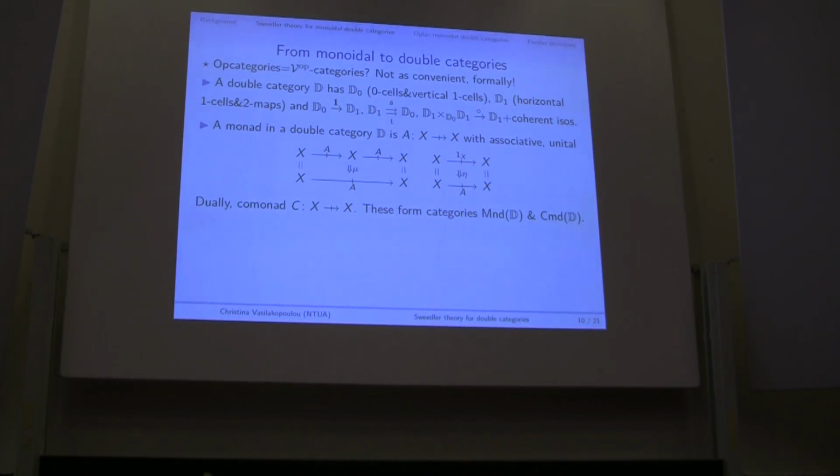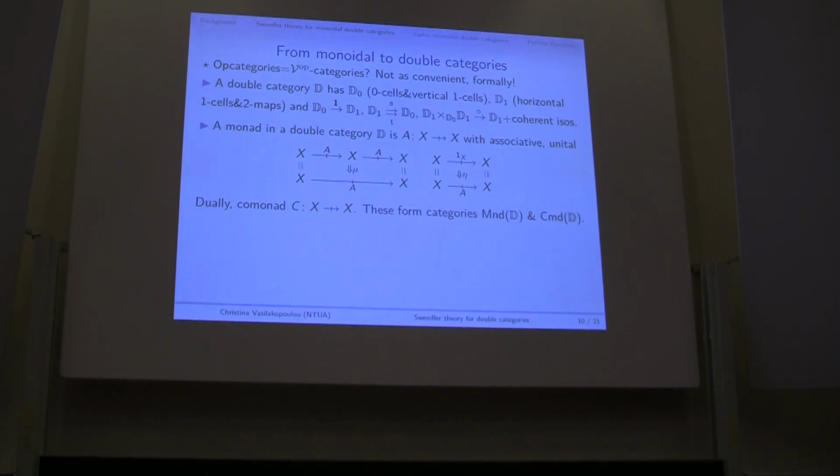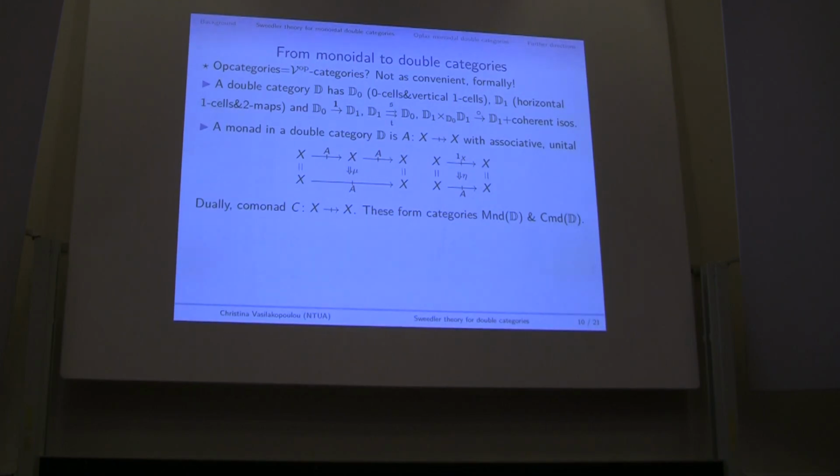So this is a monad map in D. Now, if I want to move to the horizontal bicategory of D, or in a bicategory, I don't have the vertical maps. This is part of the double structure that does not appear at all at the bicategories level. So what would we do for a monad map?